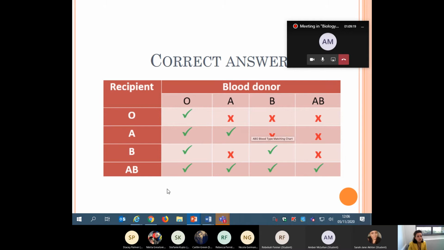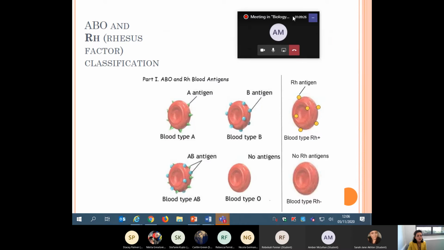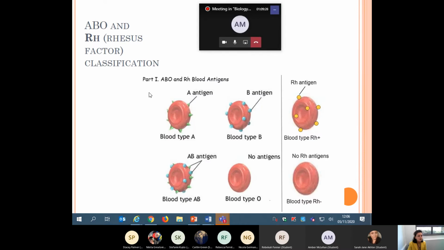Hope that makes sense. All right, and then if I just go back for a minute and also mention that, so this is the blood system ABO. There is a second blood system called rhesus factor, and this runs in parallel with ABO.